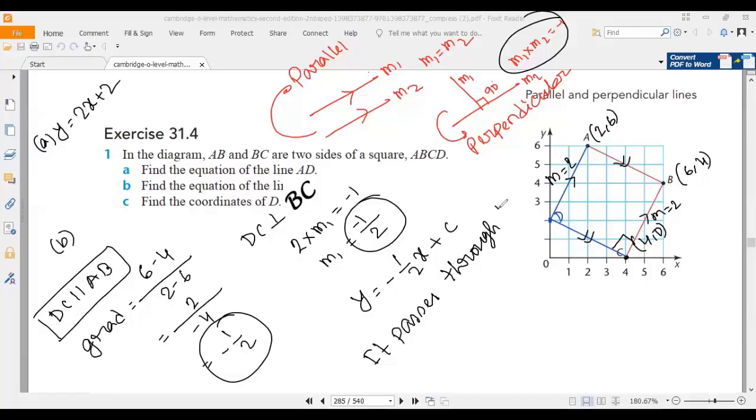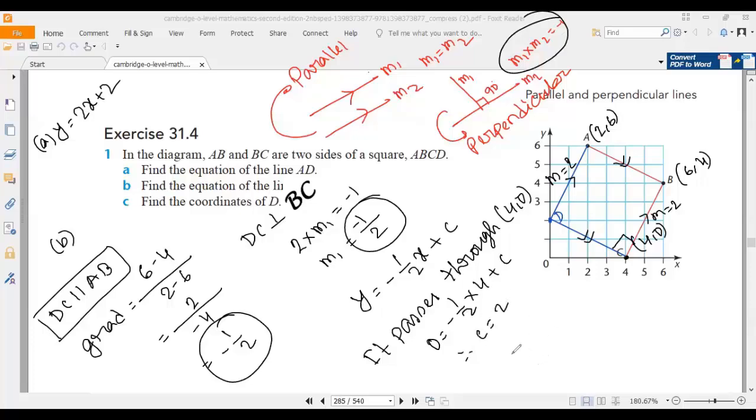Since it passes through 4, 0, it will satisfy this equation. So instead of x, we put 4, and instead of y, we put 0. So 0 equals -1 by 2 times 4 plus c. Here, the value of c will be 2.